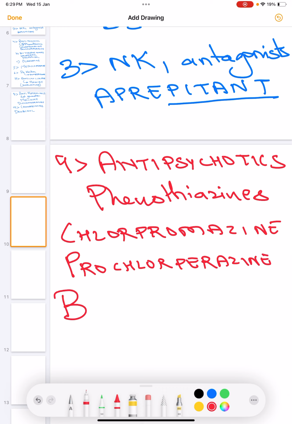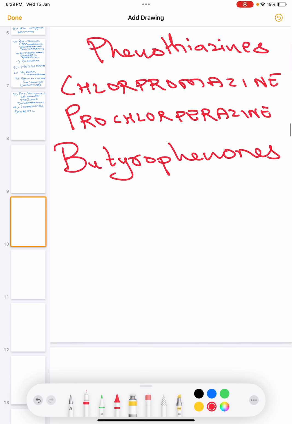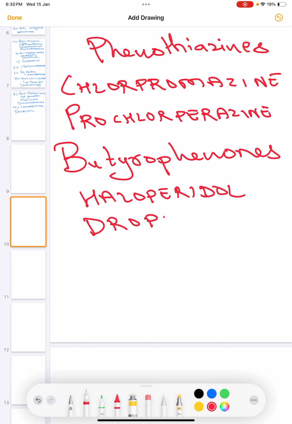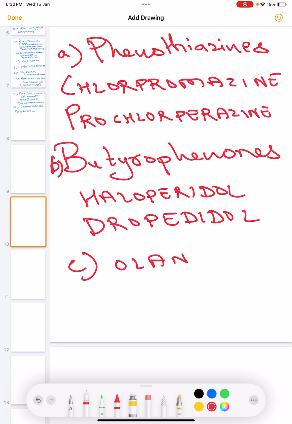There can be butyrophenones, such as haloperidol, droperidol, and there could be drugs like olanzapine, which is an atypical antipsychotic.